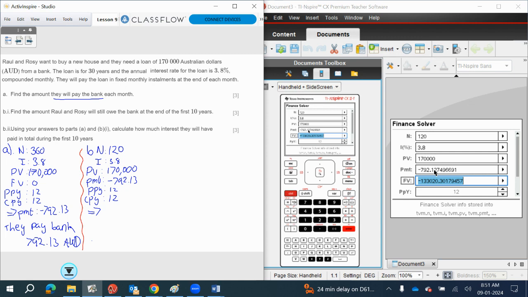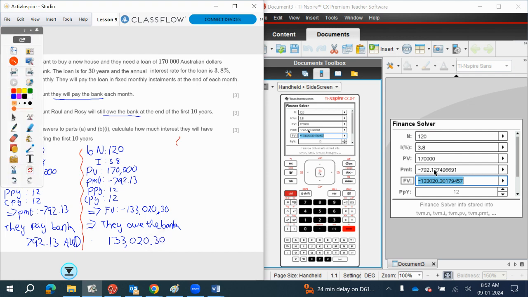This gives us a future value of minus 133,020.30. So use the words in the question. They owe the bank 133,020.30. Answer with a positive.